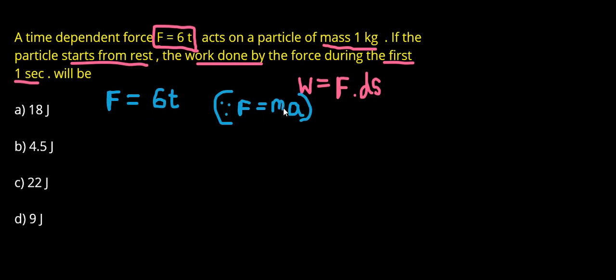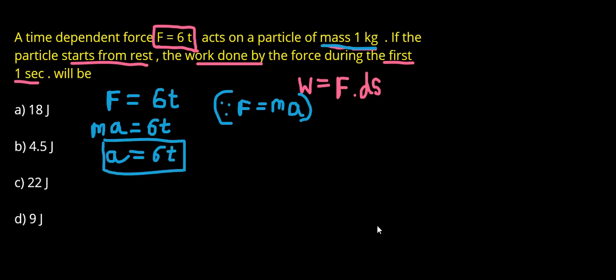So I substitute the force value here, that is ma equal to 6t. We know the value of the mass, so I substitute it right here, and from that we get acceleration equal to 6t.